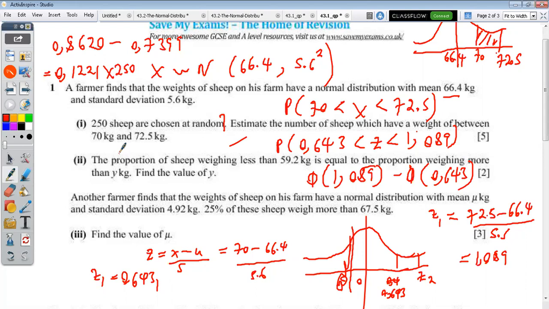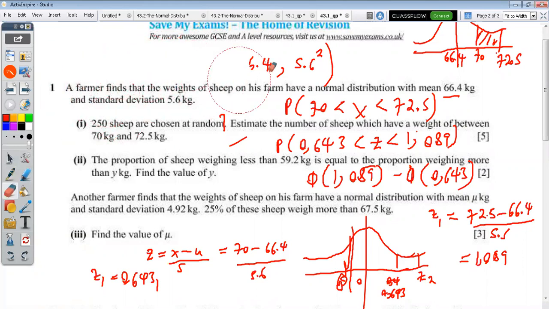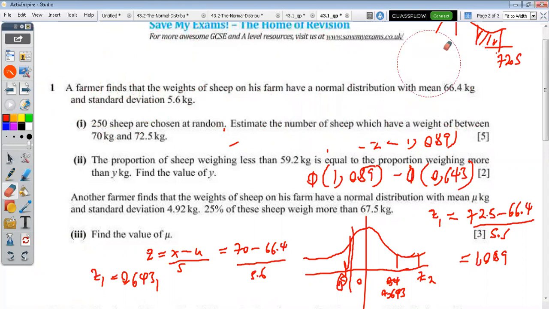What do you get? 30. Yeah, it's 30.525. So it's simply 30. Okay, that's fine. Clear now? We can't have a fraction of sheep, which is correct, the argument there.